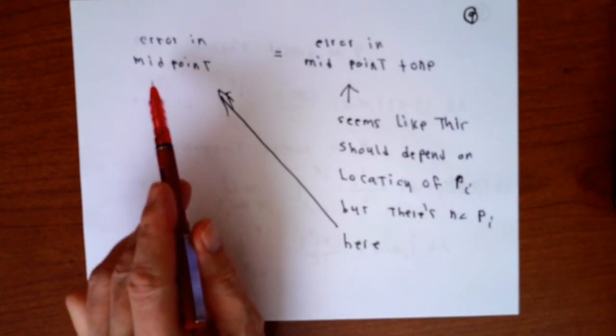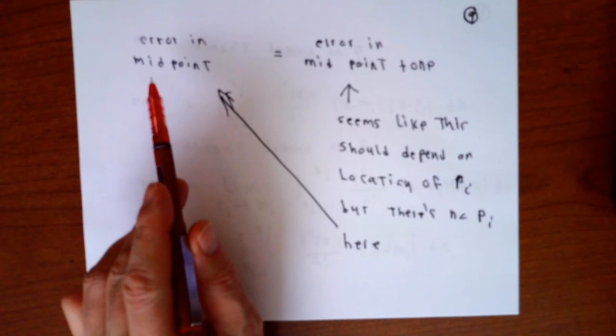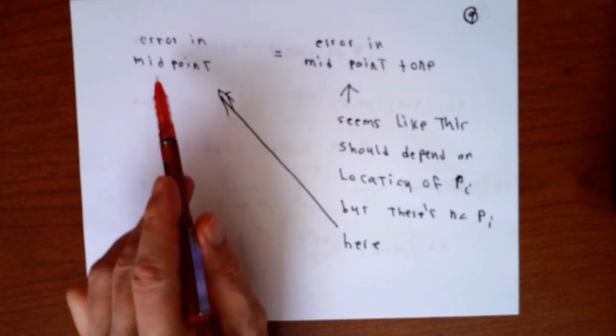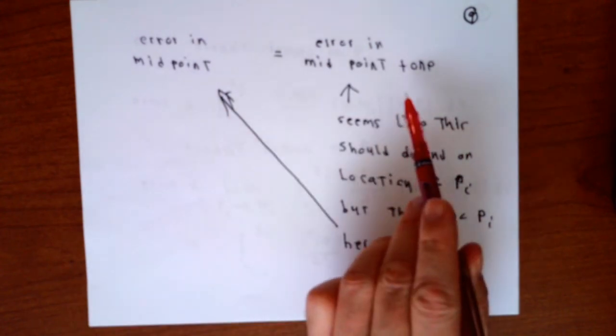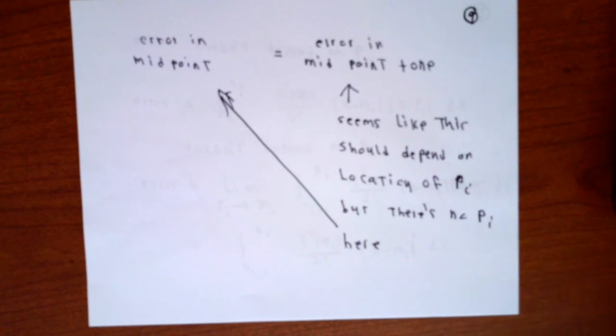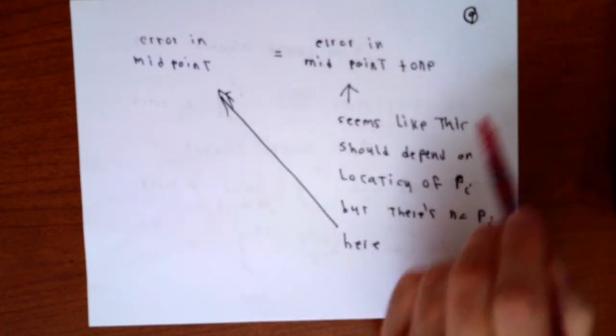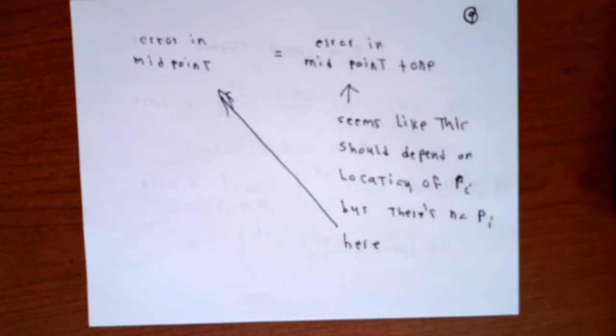The midpoint rule has no pi in it, and yet this is equal to that. So despite appearances, this really can't depend on pi either. In the next homework set, I'll give you a little problem where you can easily convince yourself of that if you don't believe it.